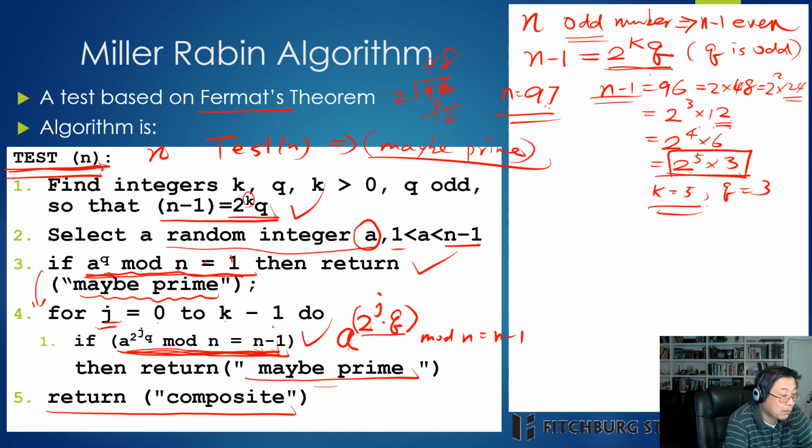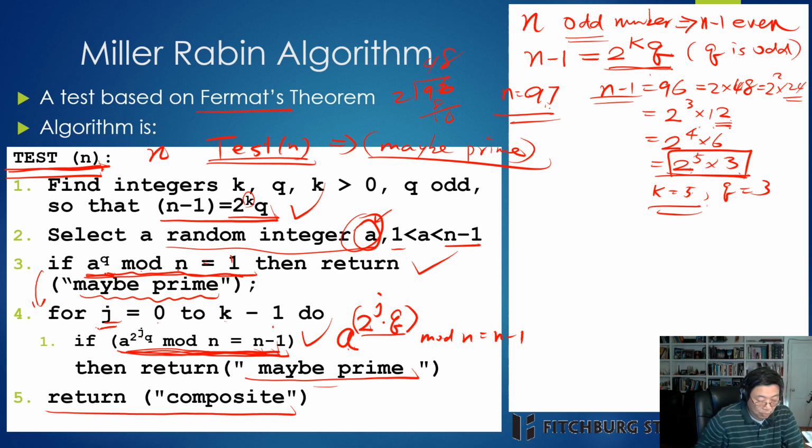The only thing I can say is that there's still a chance that this is a prime. In the next slide I'm going to tell you, every time a test of n is successful for an integer a, the chance that this n is a prime increases.